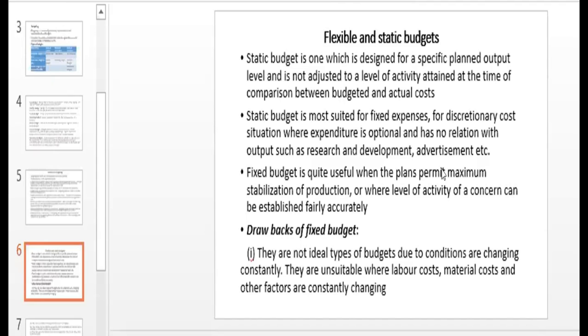They are static. You know, they cannot be adjusted. Now, a static budget is one which is designed for a specific planned output level and is not adjusted to a level of activity attained at the time of comparison between budgeted and actual costs.